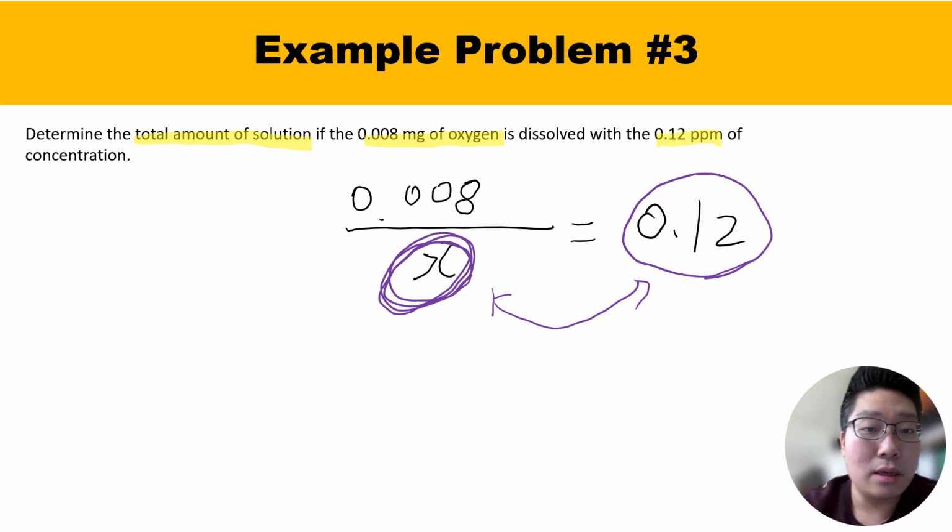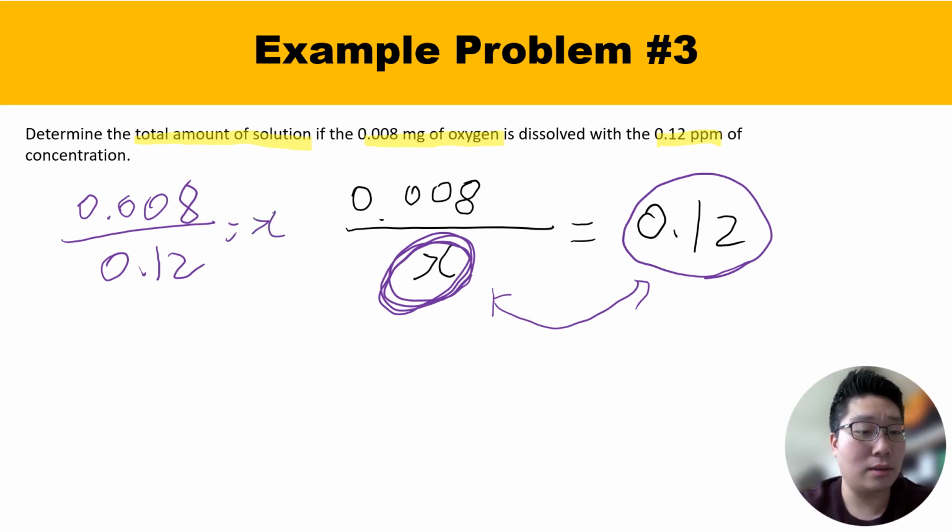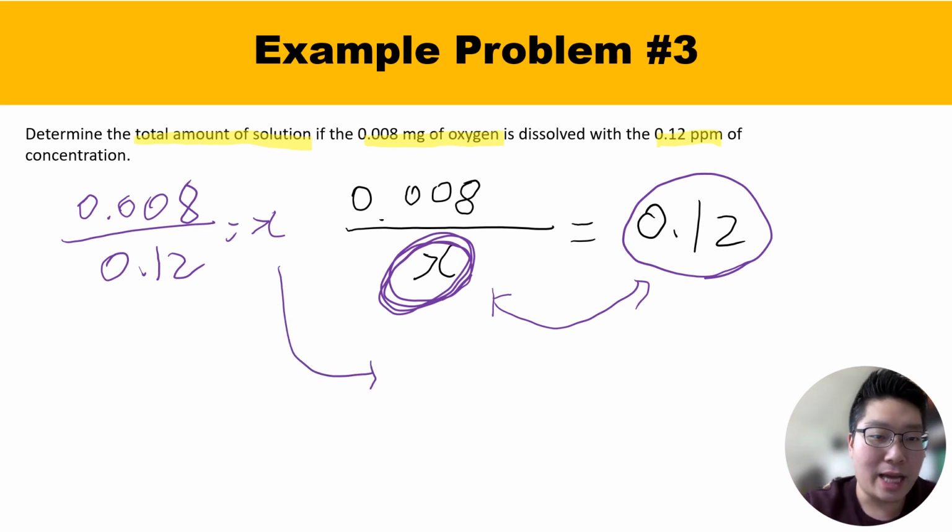But in any case, in this situation, 0.008 divided by 0.12 should be equal to x, and all you guys need to do is use a calculator for this one. 0.008 divided by 0.12 gives me, oh, it's nasty.